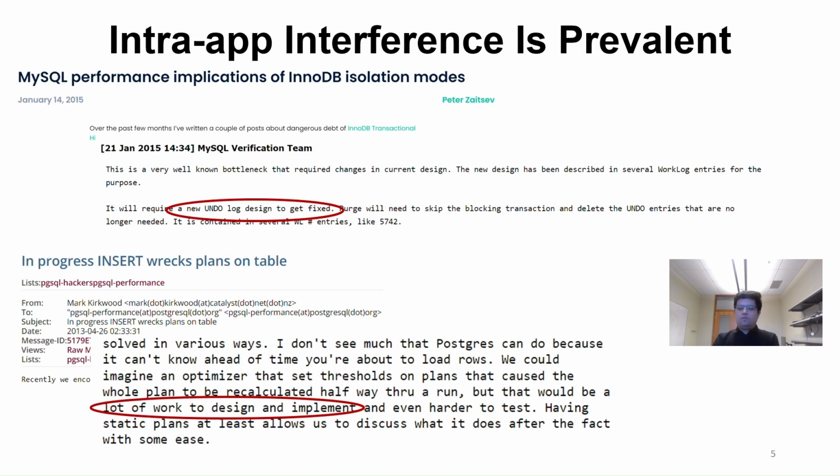Because of this subtle effect, addressing intra-application performance interference often requires a comprehensive redesign of the contended resource. This can be a time-consuming process for developers, leading to a prolonged period where intra-application interference remains within an application.